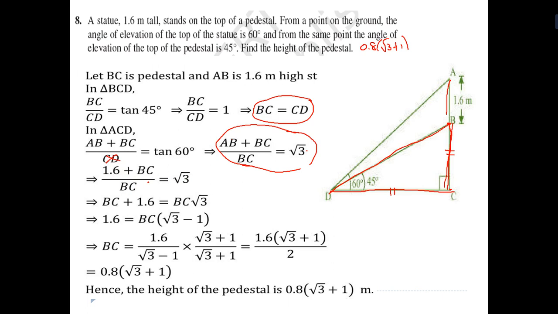Now root 3 multiplied with BC, so BC plus 1.6 is equal to BC root 3.